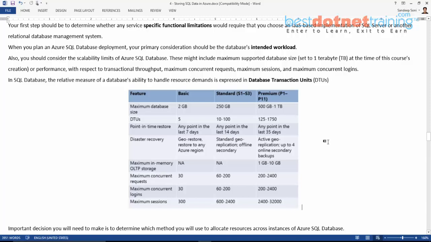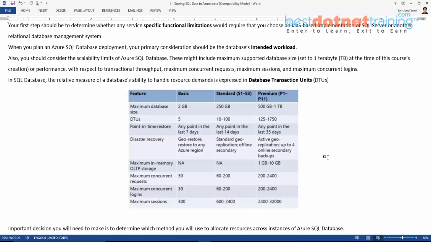What is always recommended is we start with some basic version, and as the need grows, we grow from basic to maybe standard, and in standard also from S1 to S3, and then grow from standard S3 to premium P1, and then again P2, P3 and so on, maybe up to P11 and P15 also, which is now supported.